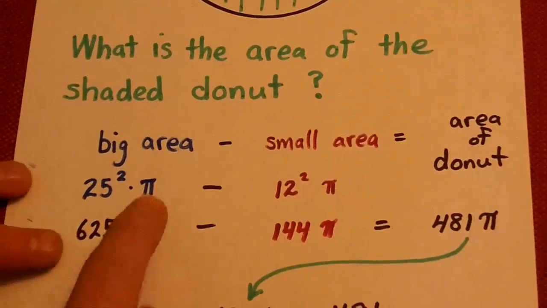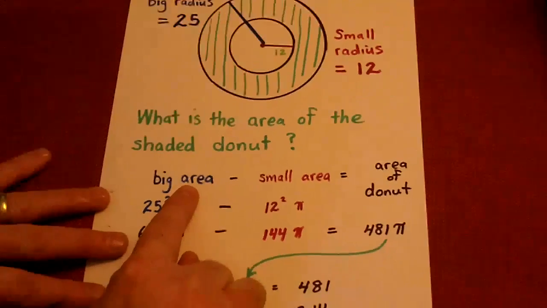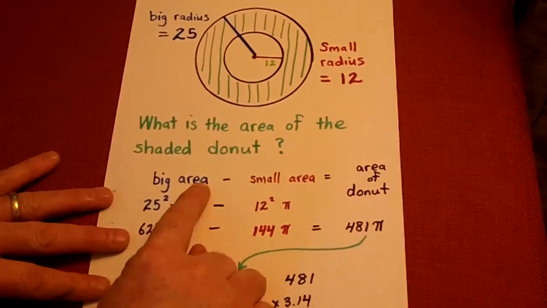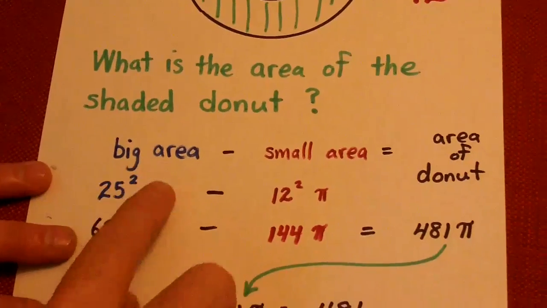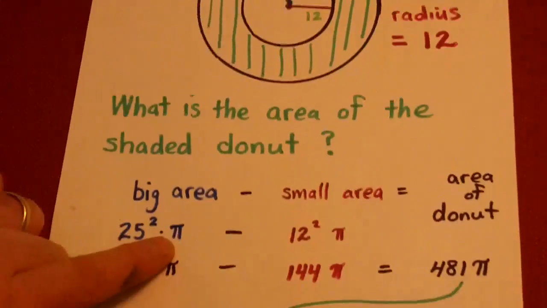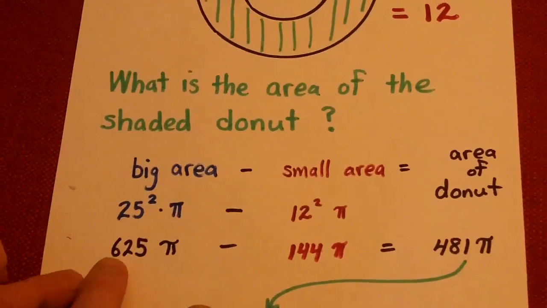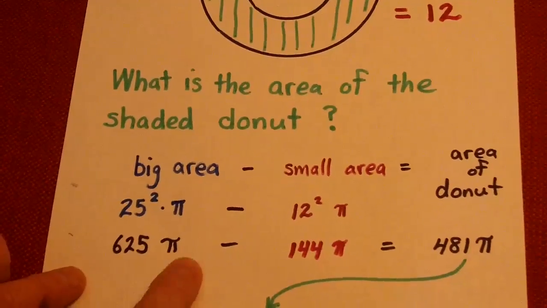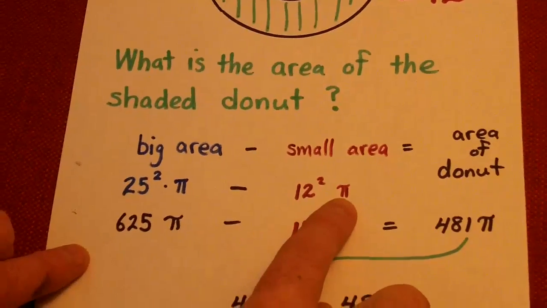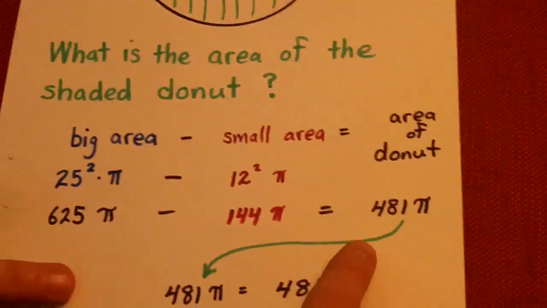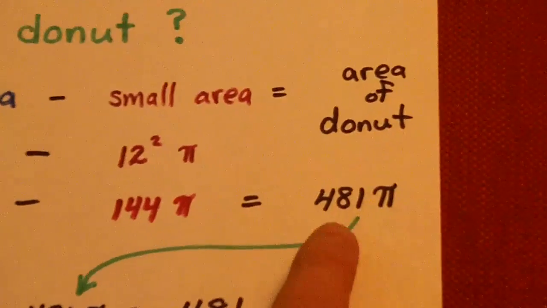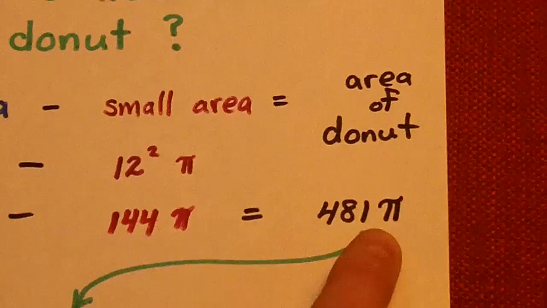So we need to subtract the small area from the big area to get the area of the donut. The big area is 25 squared times pi, which in terms of pi is 625 pi. Subtract 12 squared pi, or 144 pi, which leaves us with the area of the donut as 481 pi.